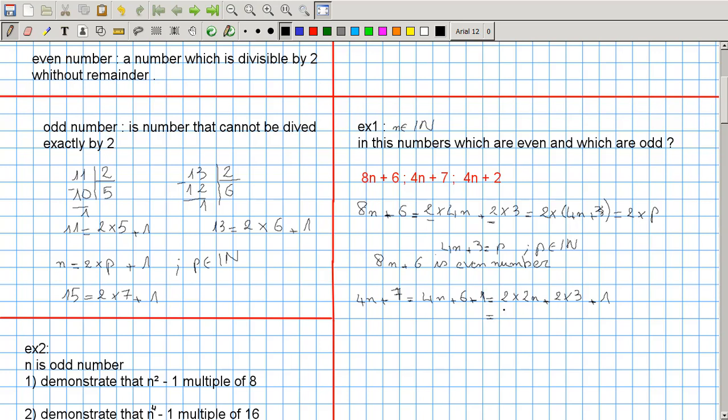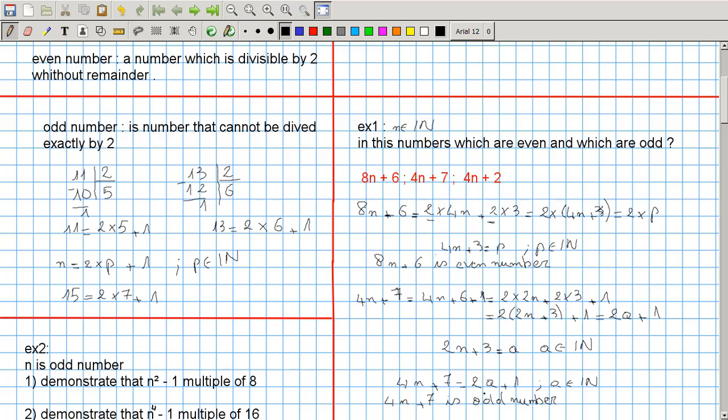We can factor by 2. 2 times (2n plus 3) plus 1. n is natural number. 2n plus 3 is another natural number belong to N, equal a. 4n plus 7 equal 2a plus 1, a belong to set of natural number. Then 4n plus 7 is odd number.